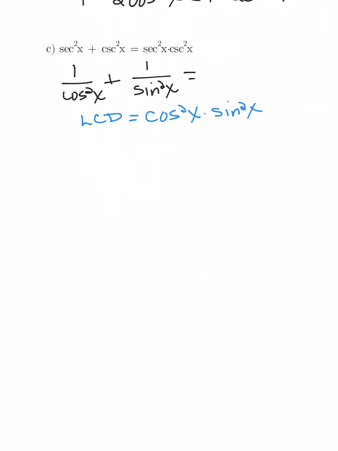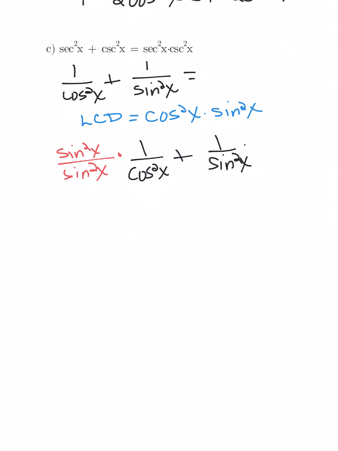What that means for the first fraction is that we need to take it times sine squared of x, top and bottom, and then for our second fraction, we need to take it times cosine squared of x, because that's the part of the denominator that's missing. Now we're just going to do algebra and follow fraction rules.